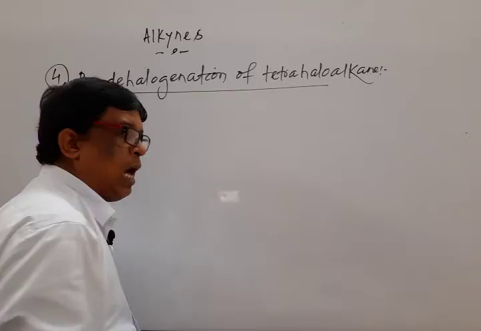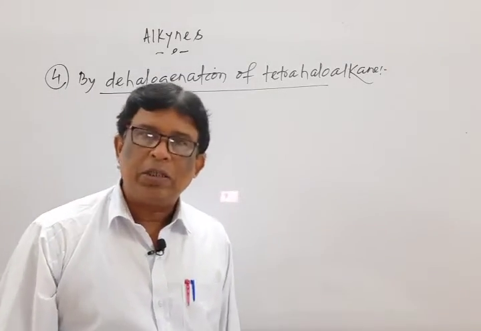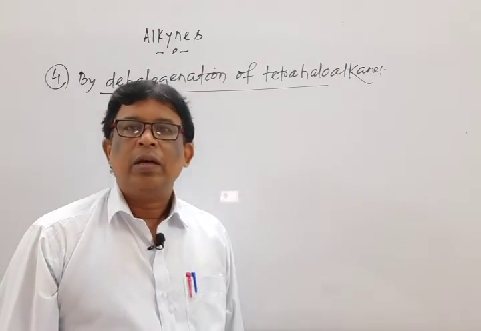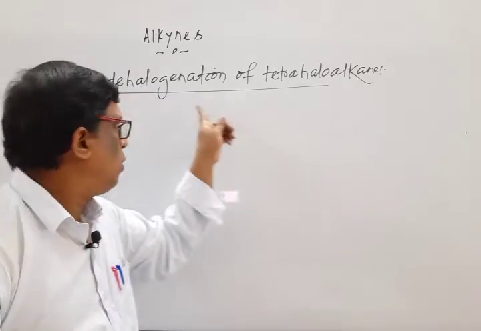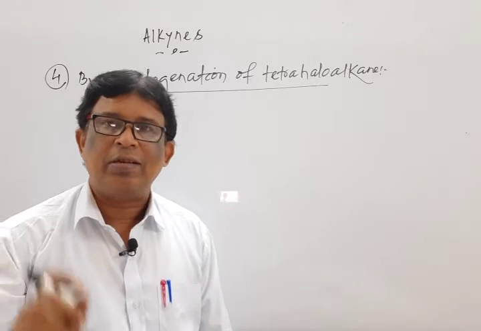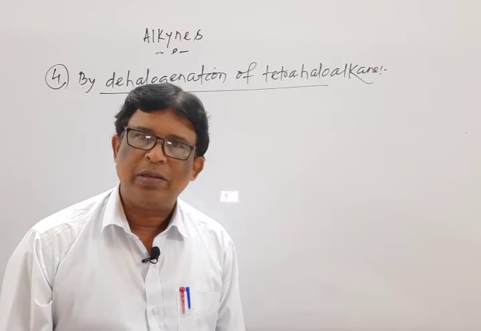Mark that. Four halogen atoms are there. Four replaceable hydrogen atoms are replaced from alkane by halogen to form tetrahaloalkane. And here what happened? Dehalogenation. That means removal of halogen.